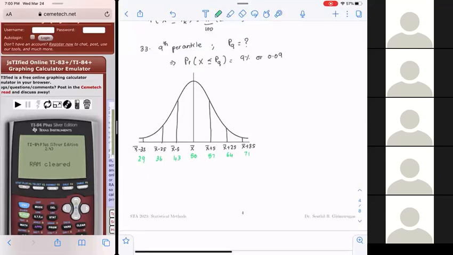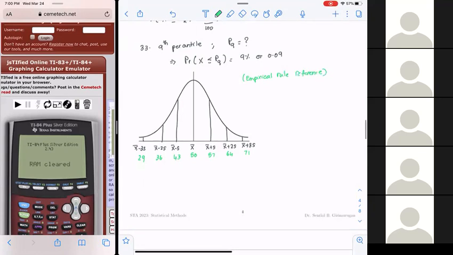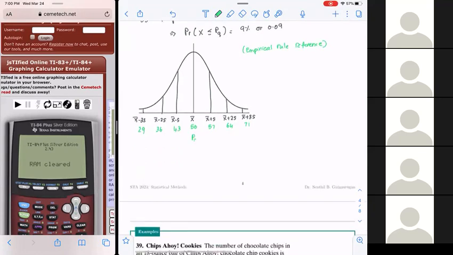And refer to the empirical rule. I'll put a remark here. 50% lies below the mean 50, so that would be P50. 84% would lie below 57. 97.5% would lie below 64. 99.85% would lie below 71.